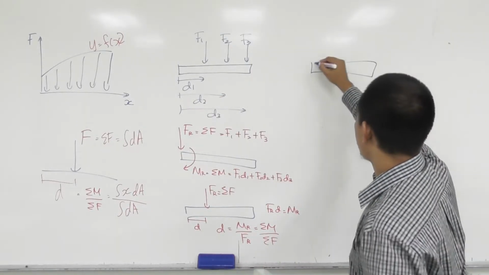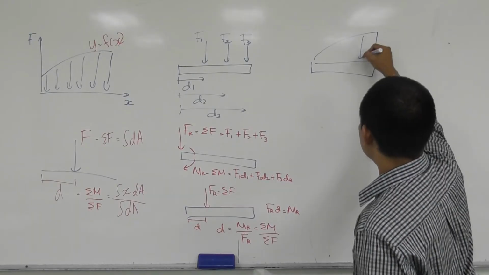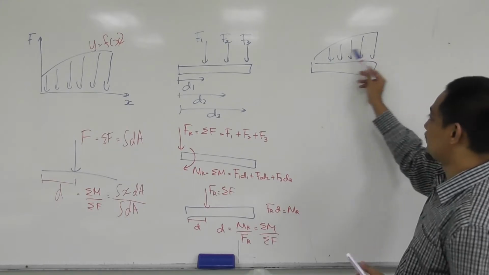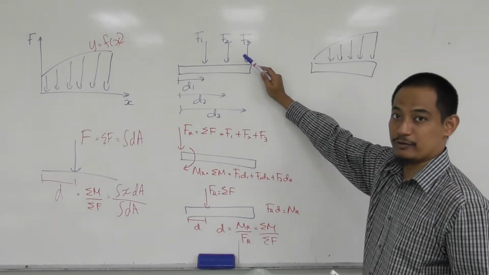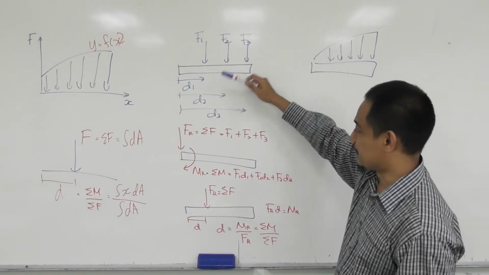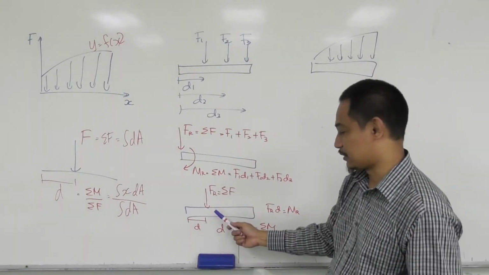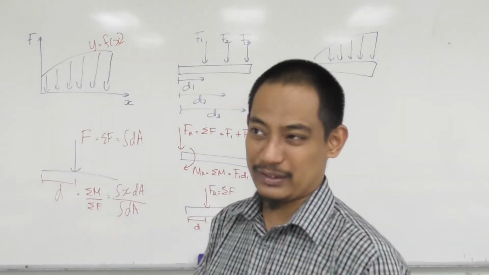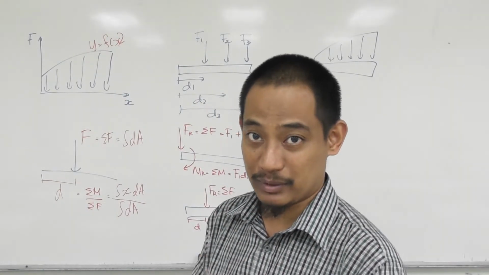If you have any distribution of forces, you have to transform this distribution into a single force at a particular point, and after that you can calculate the rest. So that's normally how it is, or what can be the question in chapter 4, right?